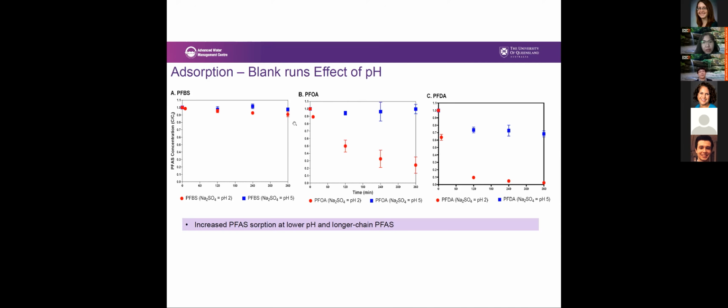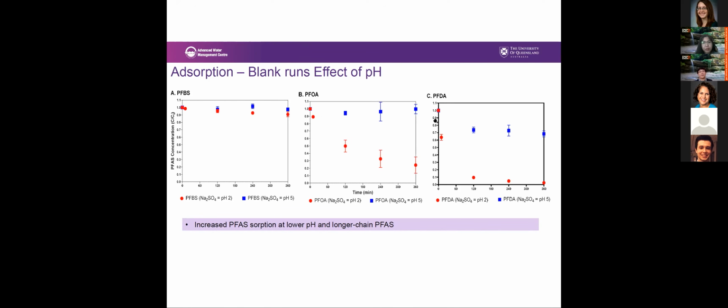However, for the longer chain PFAS, we are seeing an increase in the adsorption at pH 2. For example, here for the PFOA, we have around 70% PFAS loss due to adsorption at pH 2, as compared to pH 5, where the PFAS concentration is still within 10%.